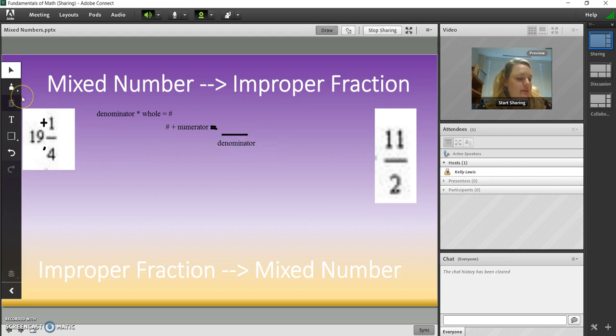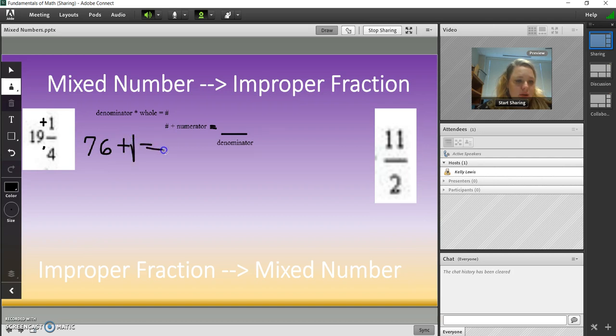All right, for example, 19 times 4, 76. So then we're going to do 76 because that's 19 times 4, plus 1.